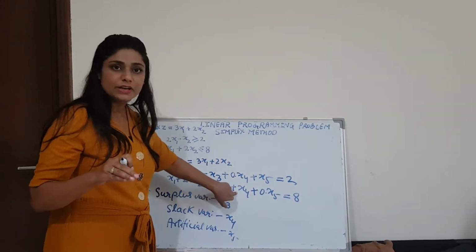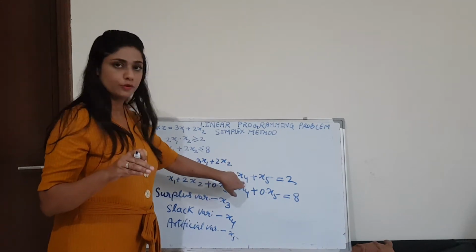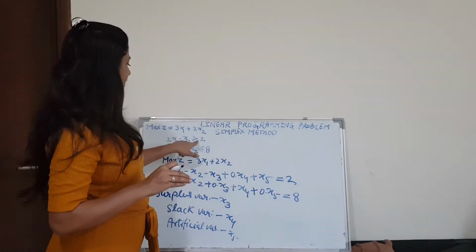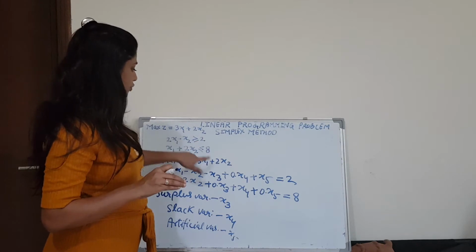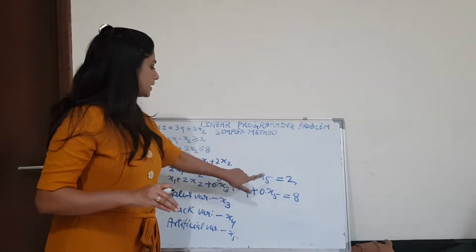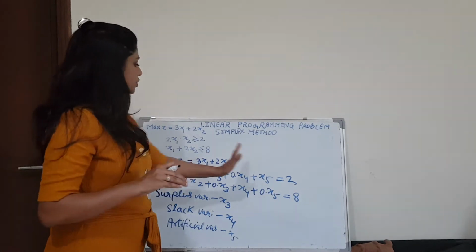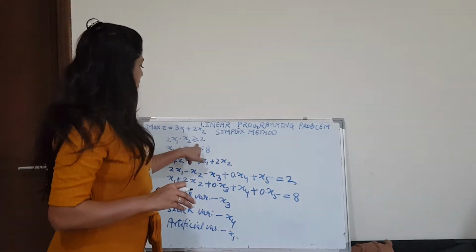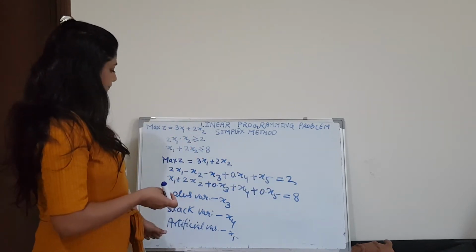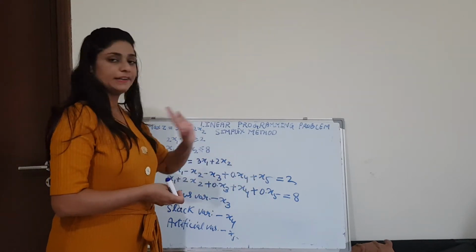We have written this slack variable here as 0 into x4, like this. Now in the last we will add one artificial variable in this greater than or equal equation. So in the first equation we have added one artificial variable, and we will write this artificial variable like this. Now both equations are in equals form. First is equal to 2, second is equal to 8. So these are three variables: surplus, slack and artificial variables.